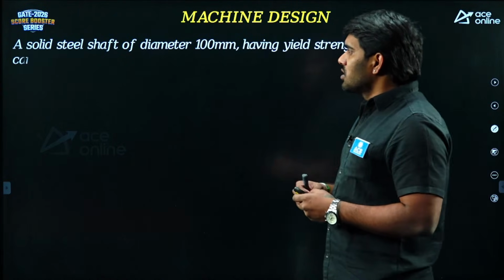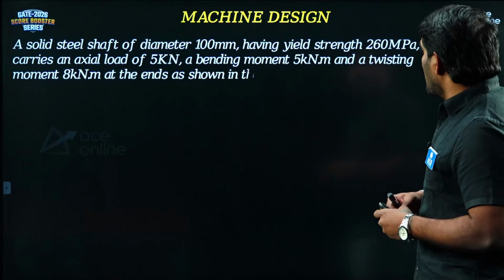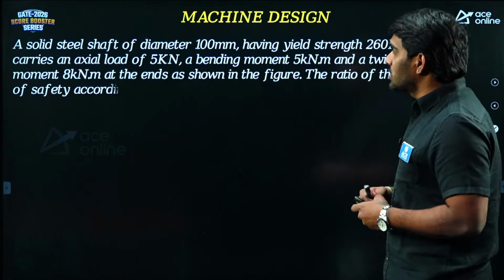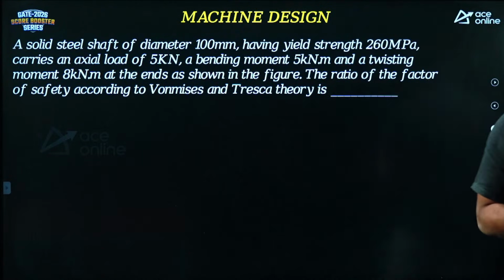Let's see this question. A solid shaft of diameter 100 mm having yield strength 260 megapascal carries an axial load, a bending moment of 5 kilonewton meter and a twisting moment of 8 kilonewton meter at the ends, as shown in the figure.